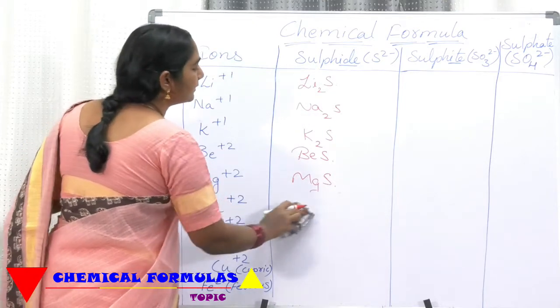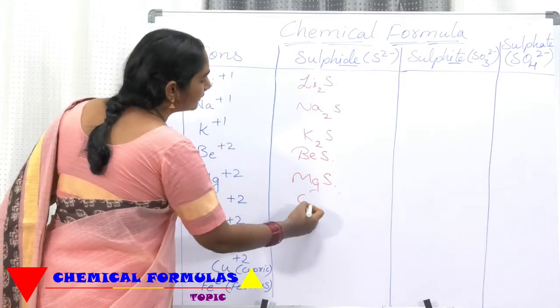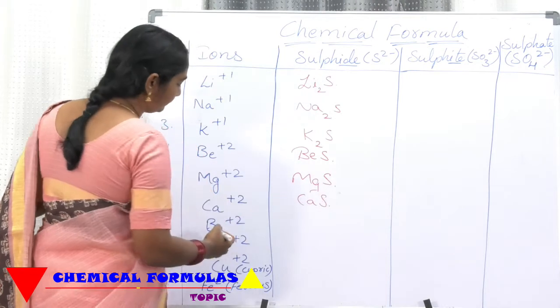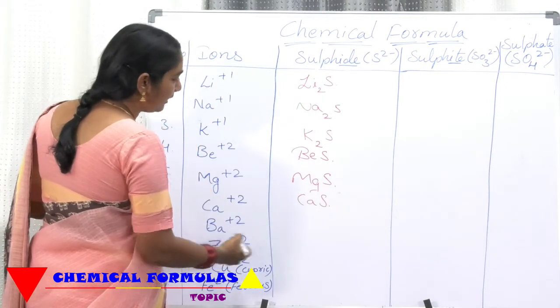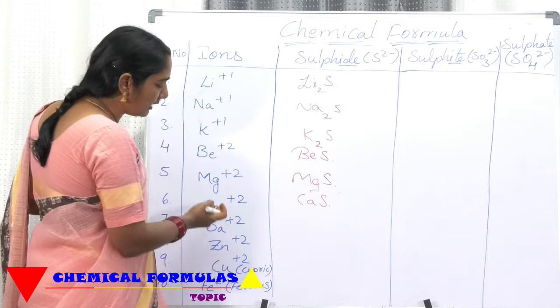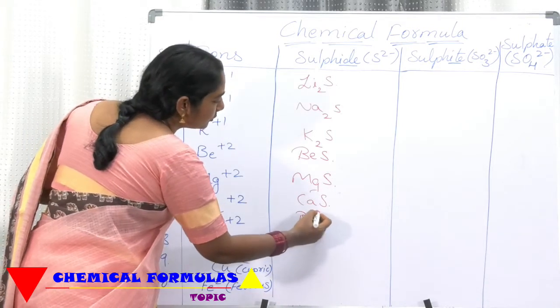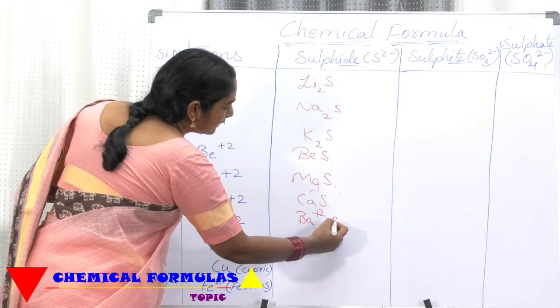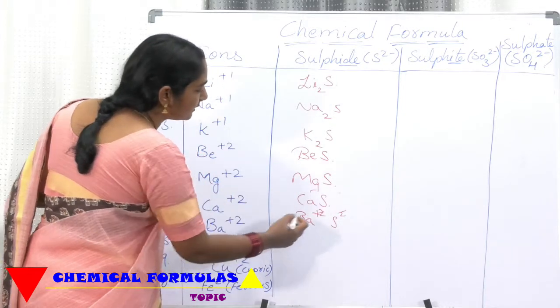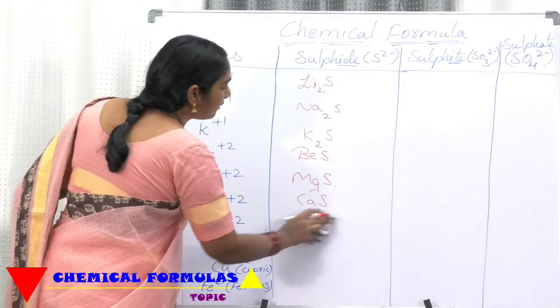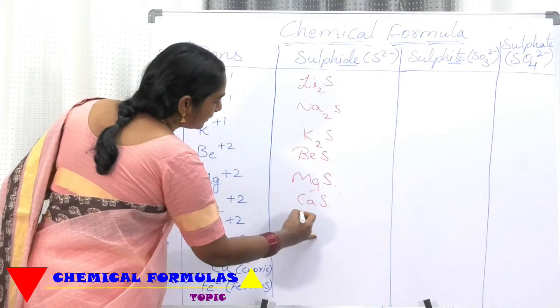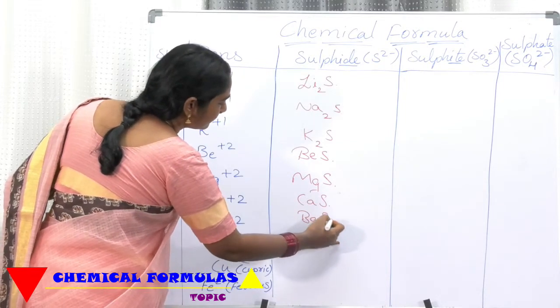Means CaS, calcium sulfide. Barium sulfide, same thing. I request all of you, you can complete this, you can continue this. Ba, here it is 2 plus, sulfide is 2 and the 2 gets cancelled. So, barium sulfide becomes BaS.